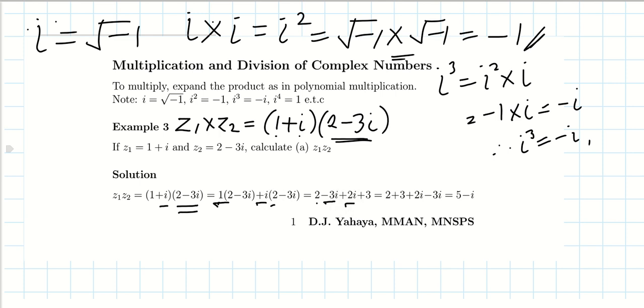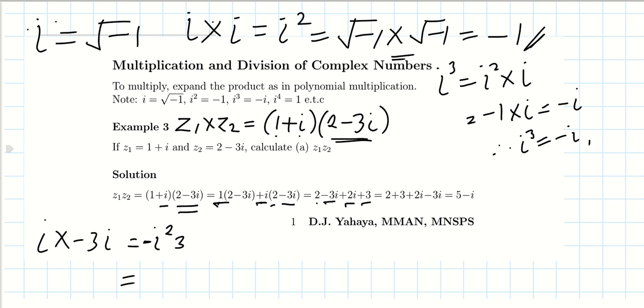And also you can see that plus i times 2, we have what? Plus 2i. And now here is tricky. i times minus 3i gives us what? Plus 3. That is, i times minus 3i is the same thing as i times i, which is i squared, times minus 3. Now, remember, i squared is minus 1.